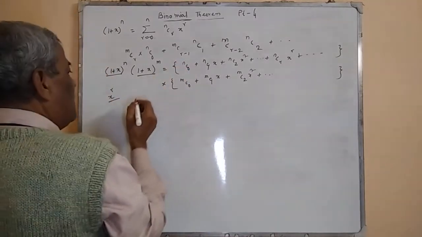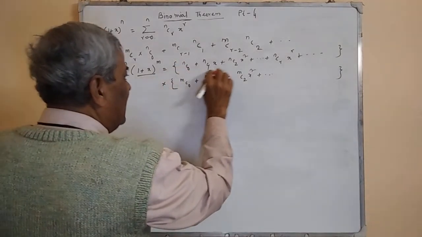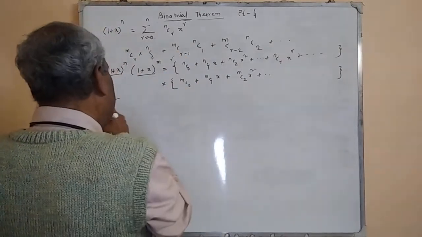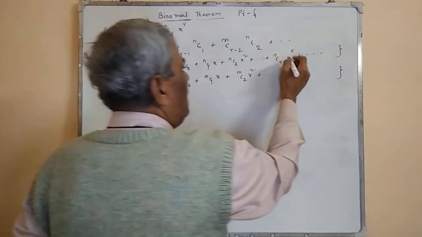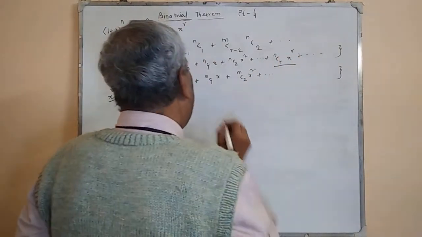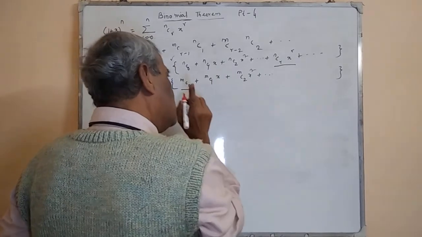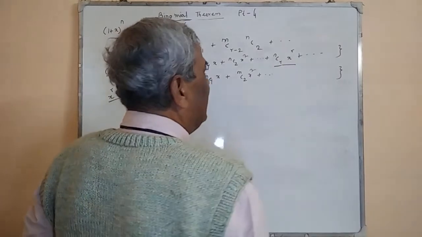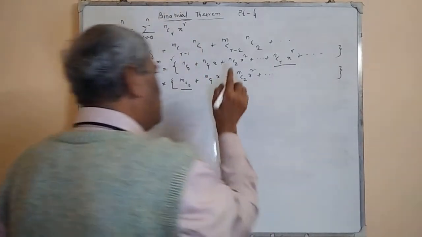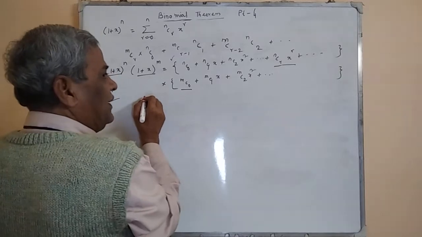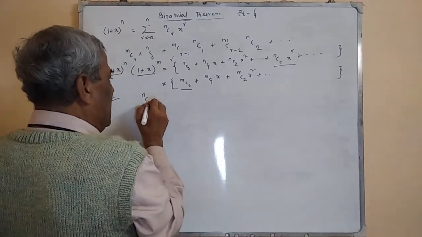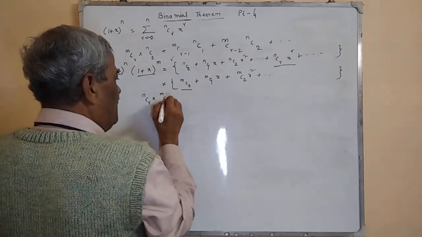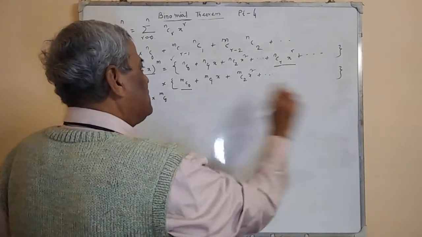Taking their product, I get x to the power r. So the first coefficient of x to the power r is mCr into nC0. No other term is there.